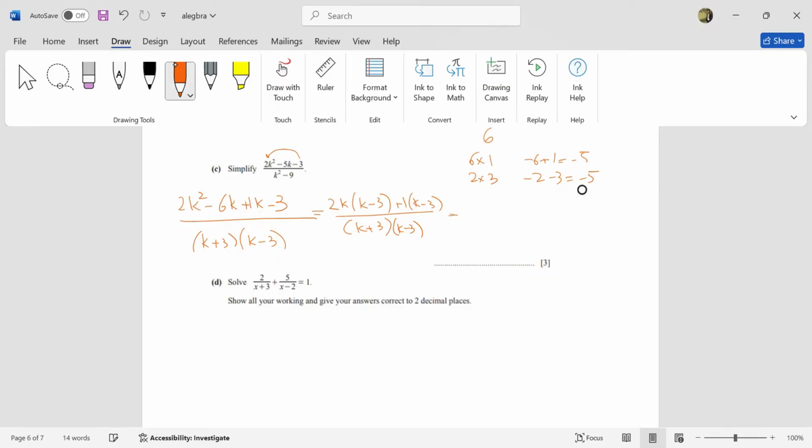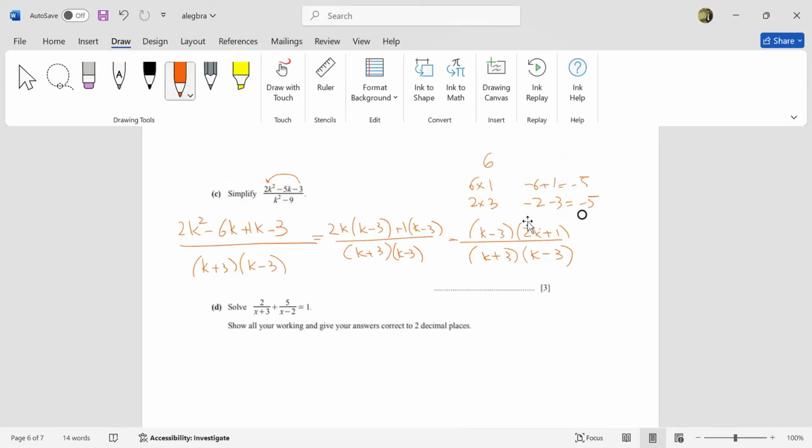You cannot cancel out the brackets at this step. You need to take common in the numerator. So you're left with 2k plus 1, k minus 3 upon k plus 3, k minus 3. Now these are the multiplying brackets. You can cancel this and you're left with the answer 2k plus 1 upon k plus 3.